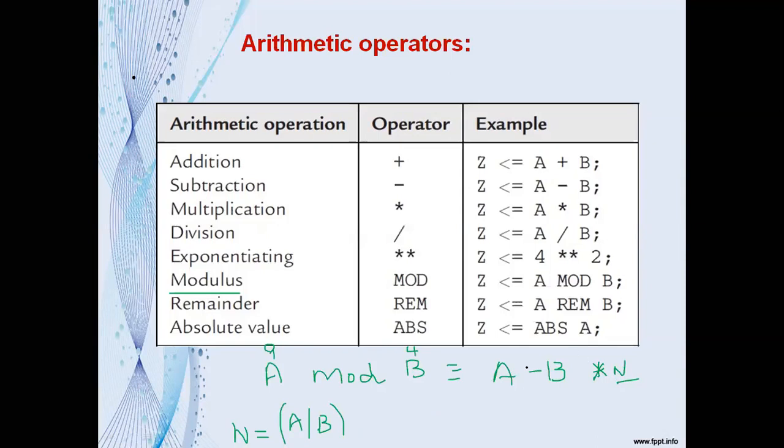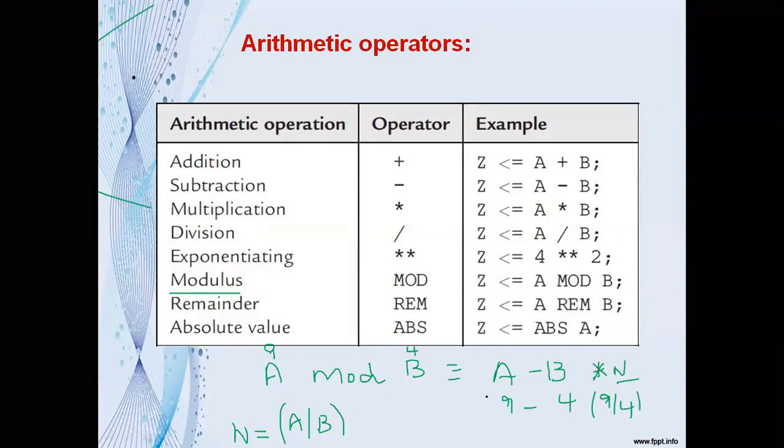The modulus of A and B, where A is 9 and B is 4. And what is the value of n? n is nothing but 9 by 4, because n is A by B.